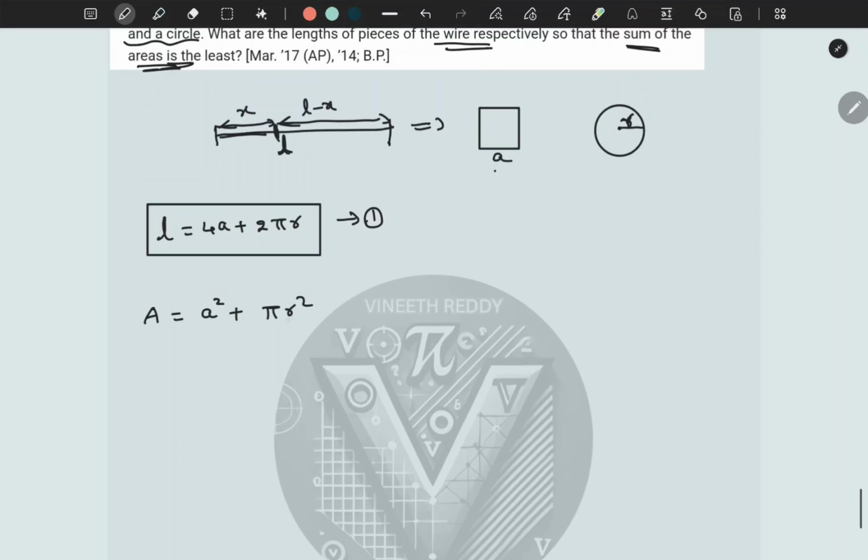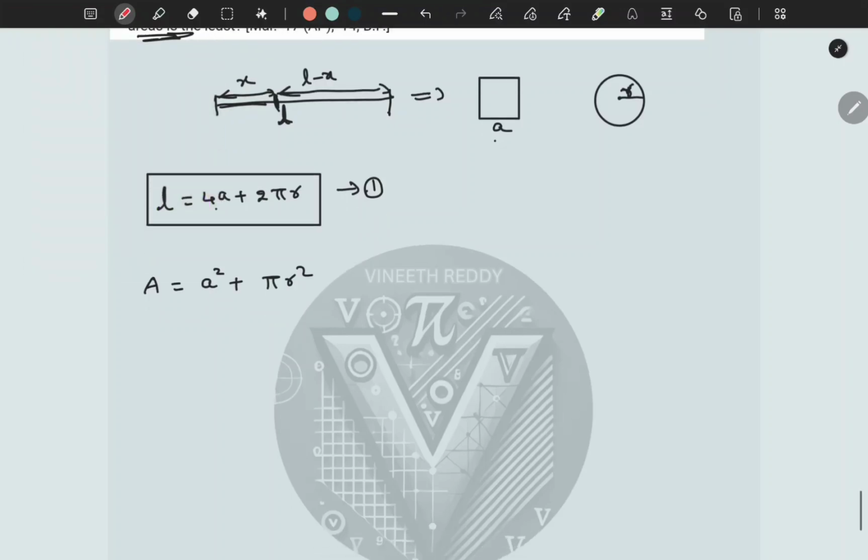So we have to write the expression in terms of one variable. Either we can convert r in terms of a or a in terms of L, whichever you like, it is feasible. So we will try writing a in terms of L and r. So that means L is equals to 4a plus 2 pi r. L minus 2 pi r is equals to 4a, and a is equals to L minus 2 pi r divided by 4, right?